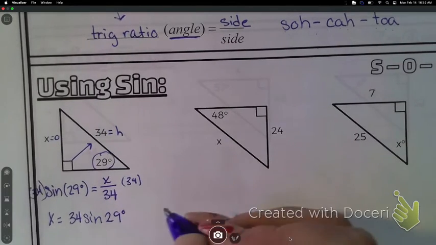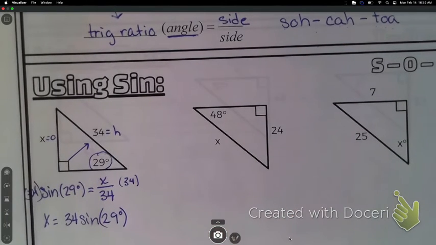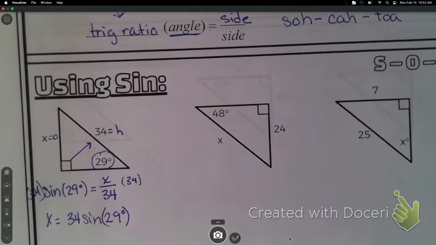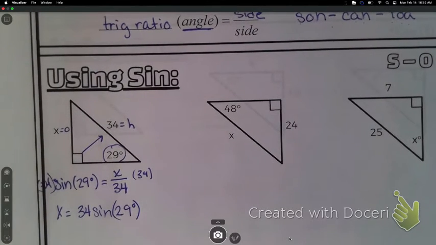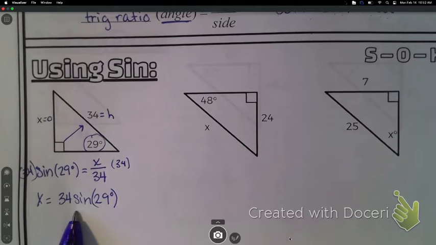If I don't give you a calculator on your test, do you have the exact answer right there? Yes, that is the exact answer. If I tell you to the nearest tenth, then you pull out a calculator. If I say what is X, and I don't say to the nearest tenth, what do I want for my answer? That. Right there. Does that make sense?